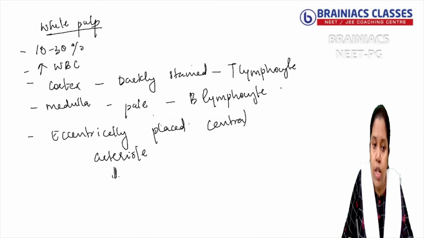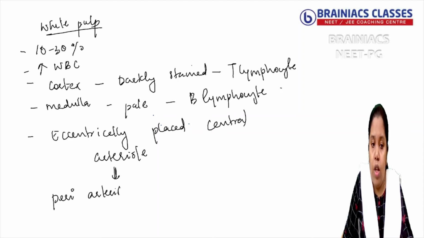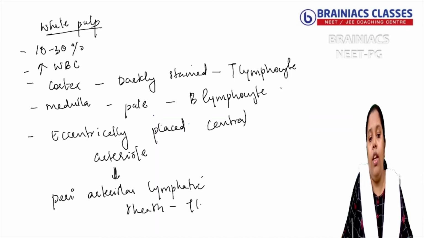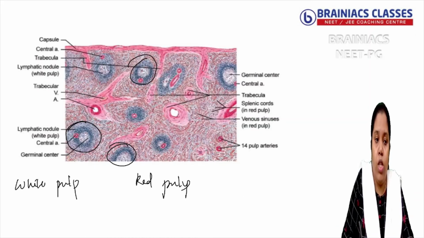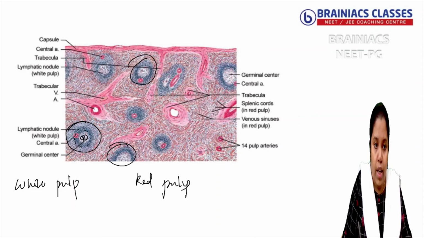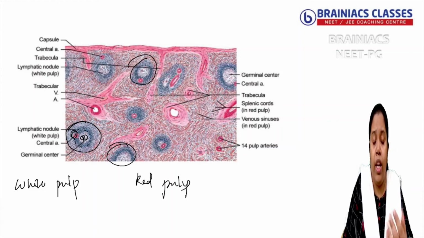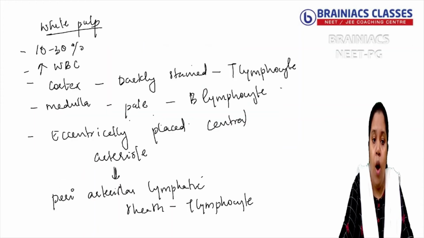This arteriole is surrounded by a periarteriolar lymphatic sheath, which contains the T lymphocytes. I'll show you. This is the darkly stained periphery and this is the lightly stained medulla. This is the eccentrically placed arteriole, and it has a periarteriolar lymphatic sheath.